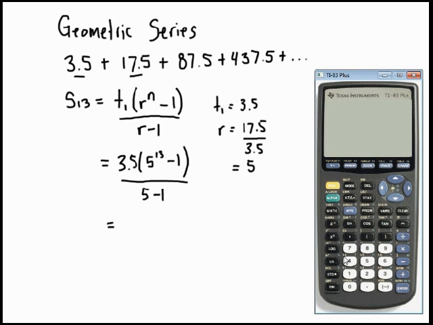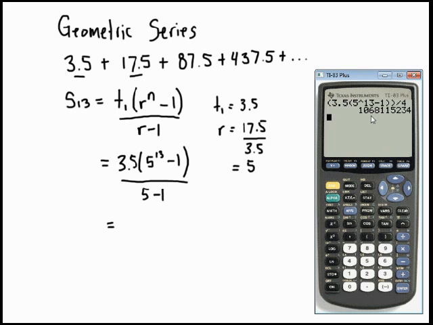So I'm going to use my calculator here so that we get a correct answer. 3.5 multiplied by 5 to the power of 13 minus 1. And I'm going to divide that whole thing by 5 minus 1, which is 4.